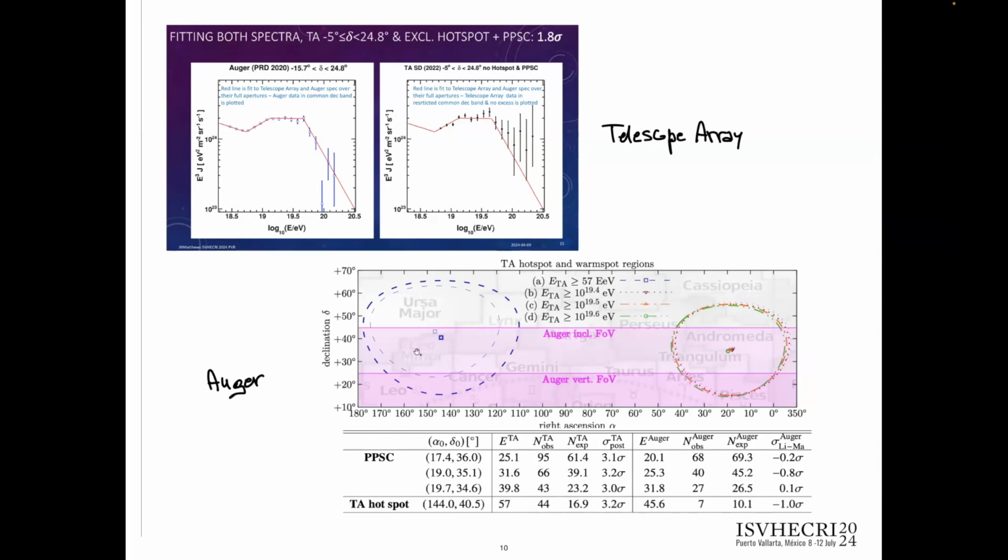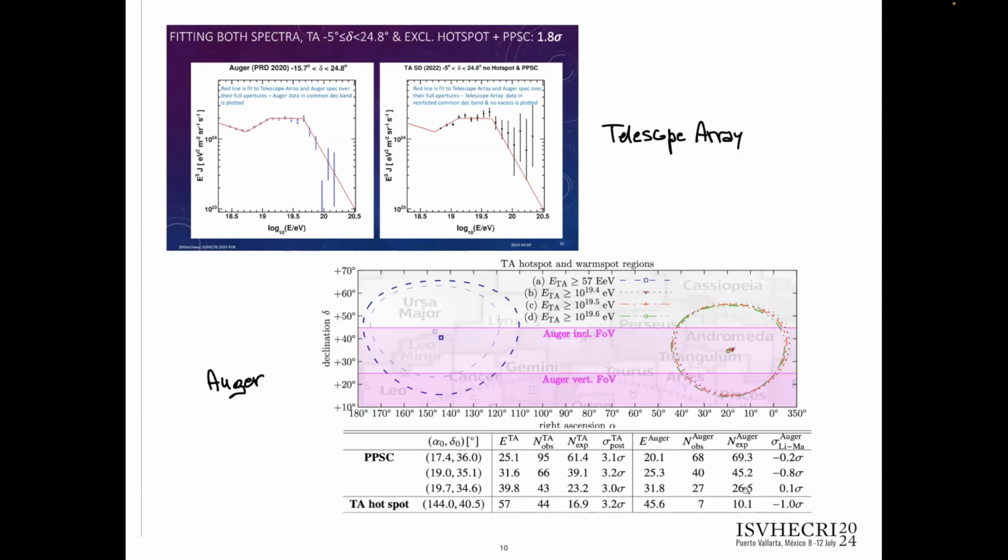As I explained, if we use both the vertical and inclined events, we can, with the inclined events, reach 45 degrees north in declination. And you see that both here and here, we cover quite a large part of the excess of Telescope Array and its center.